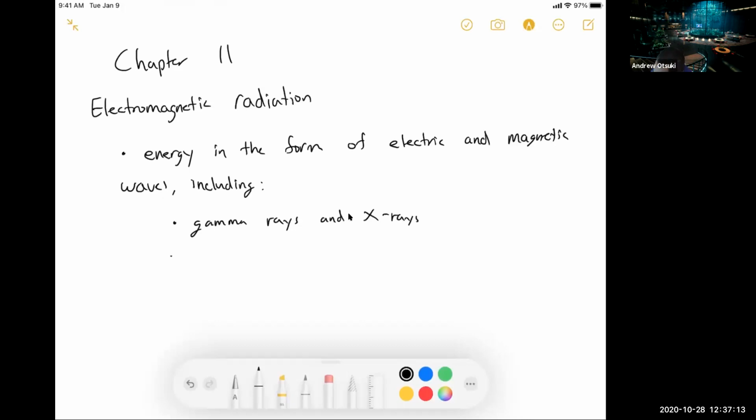Then ultraviolet radiation, which is primarily from the sun or large planetary bodies like stars. There's also visible radiation. That is the colors we see every day, like red, blue, green, orange, white, black.